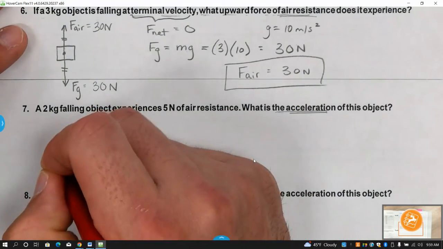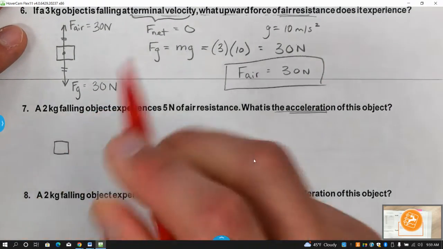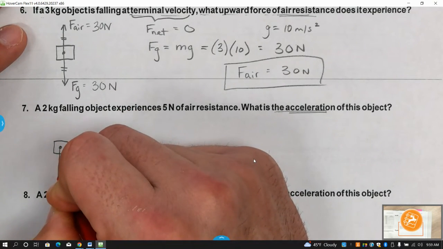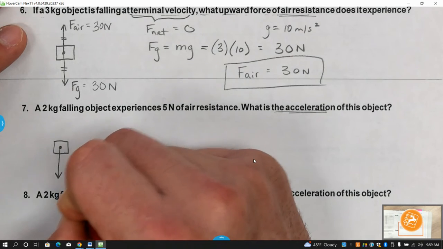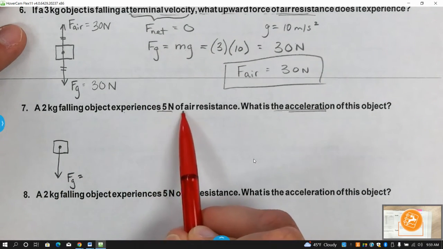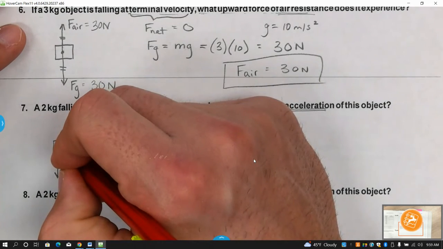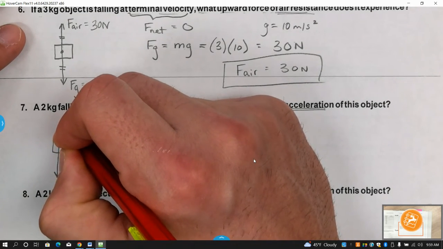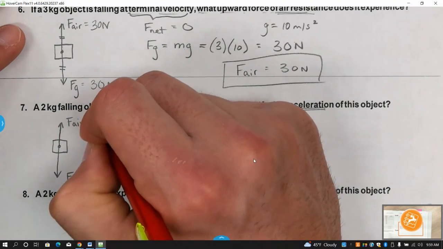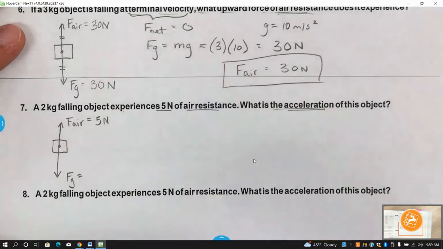But if we draw a quick little free body diagram, this thing is falling, and it experiences a certain amount of weight. It's telling us that it experiences 5 newtons of air resistance, which goes in the opposite direction. So F sub air is going to be 5 newtons.